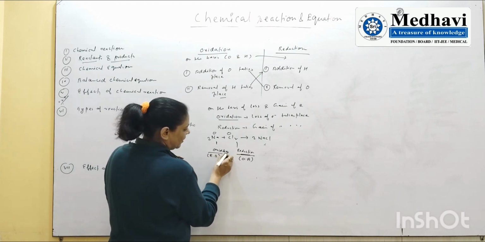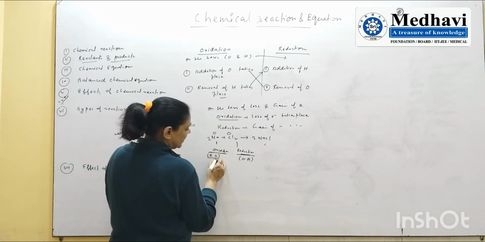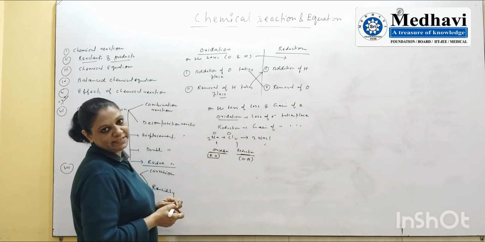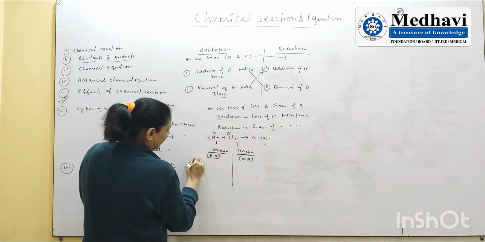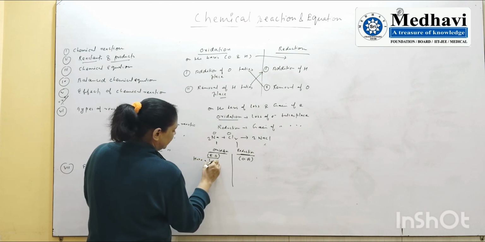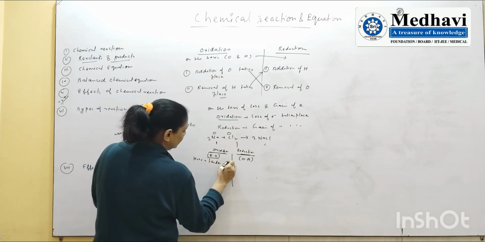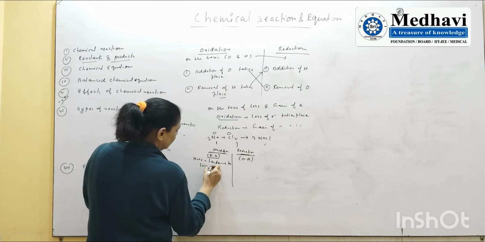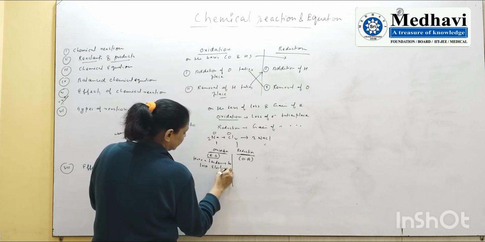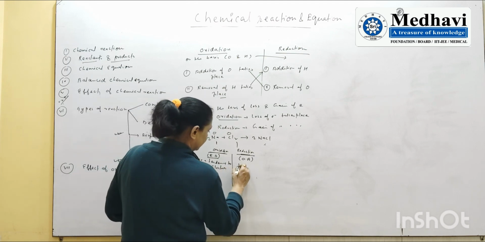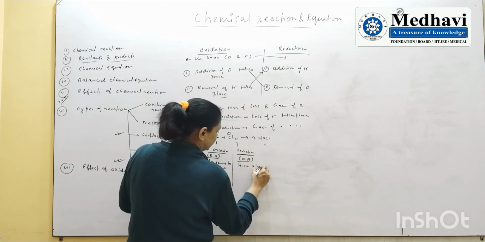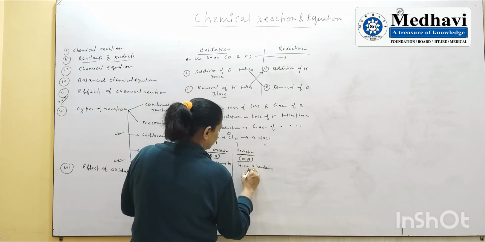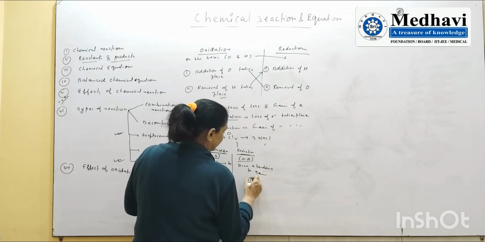Oxidation means just the opposite. Oxidation means reducing agent. Reduction means oxidizing agent. A reducing agent has a tendency to lose electrons, and an oxidizing agent has a tendency to gain electrons.